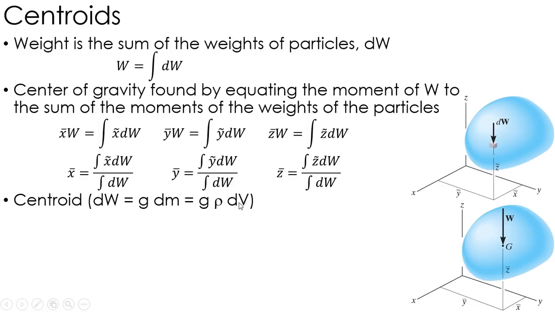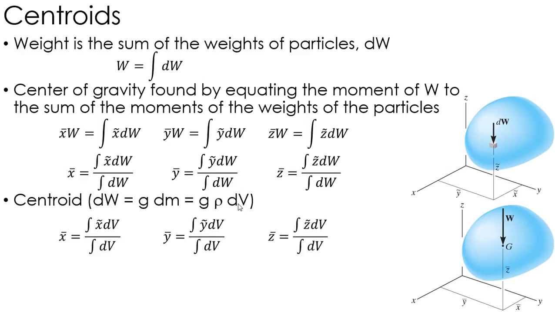So rather than using weights, I can use infinitesimal volumes, which is more readily what I can measure on an object to find the center of gravity. Essentially I'm replacing dW with g rho dV, and g rho is in both the top and bottom, so it cancels out.